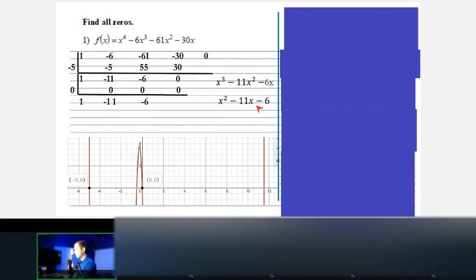Now, one way to verify that this actually is correct, if we were to graph this on the same graph as this, so we just created another graph in Desmos with this equation, we know this is correct if it crosses the x-axis at this exact point and at this exact point.